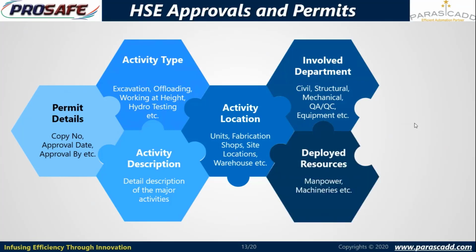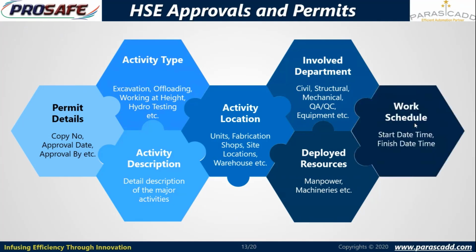We can provide details of deployed manpower, how many manpower and machinery will be involved, and the timelines or schedule of the activity, the start time and finish date. So we can keep a record of various construction activities for their approvals.